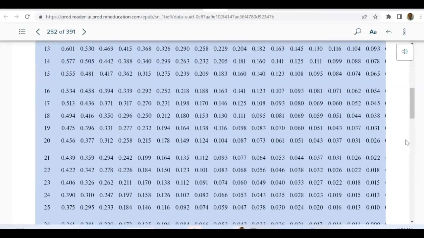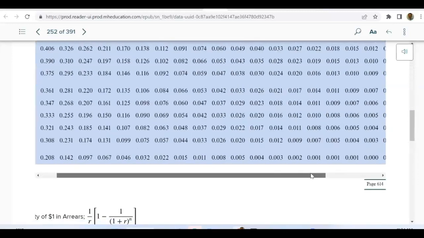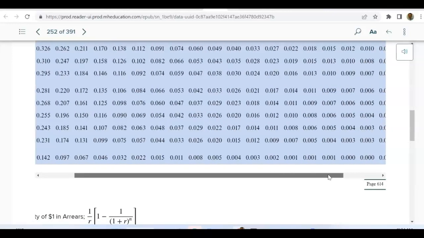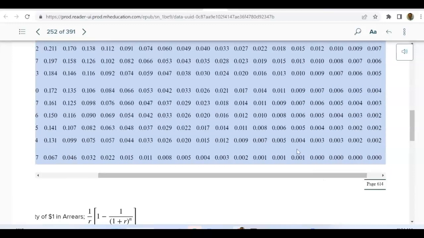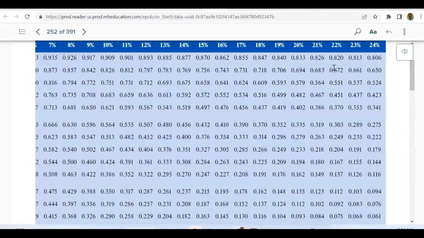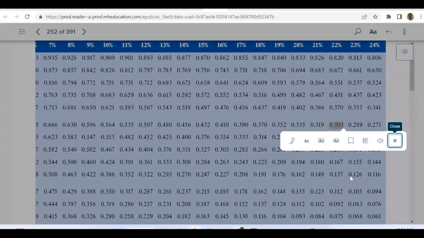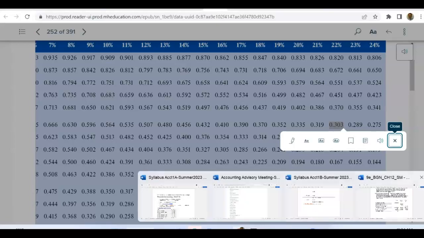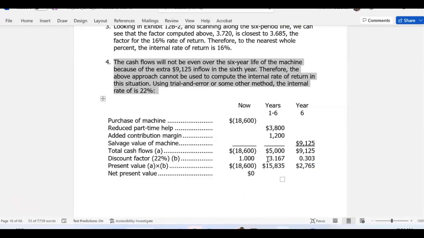And then you go all the way, trying 16%, 17%, 18%, 19%, 20, 21, and 22. And finally, when you use 22% as your return, and you go 1, 2, 3, 4, 5, 6 right there, year 6, and that's 0.303. You use those factors, and then you see that your net present value ends up being 0.